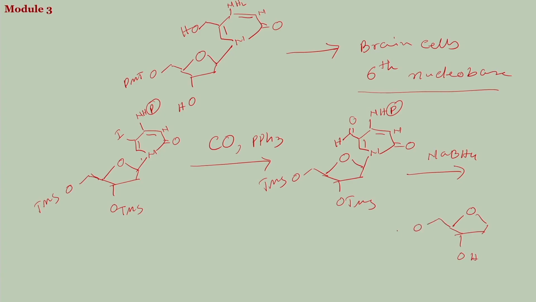Followed by opening of the, so if this is 1, your second would be your TBAF, NHP, and this would be reduced into the OH, because that is why the reducing agent is 4, and then you can convert it into the DMT.